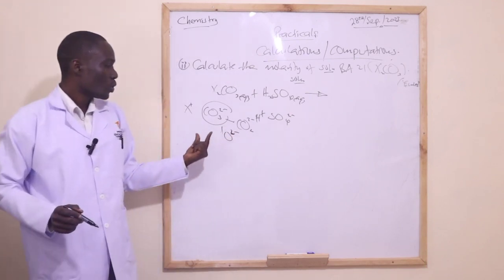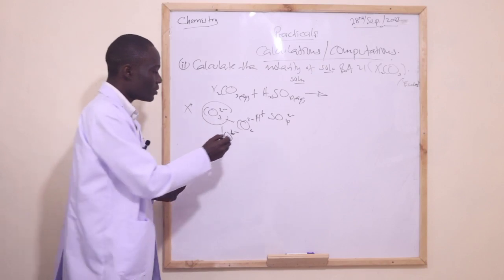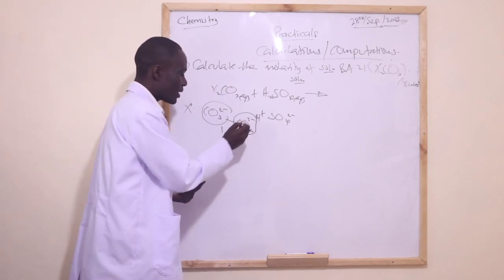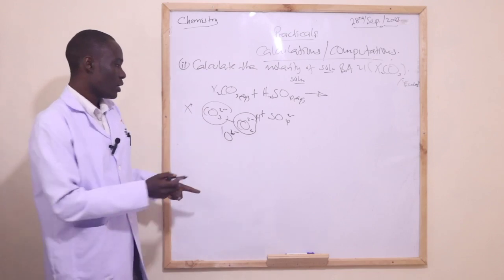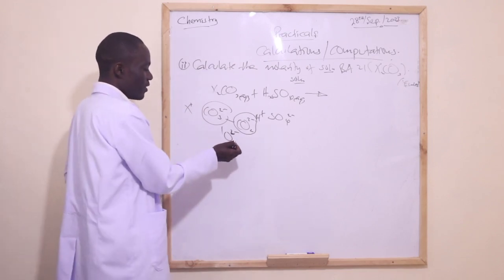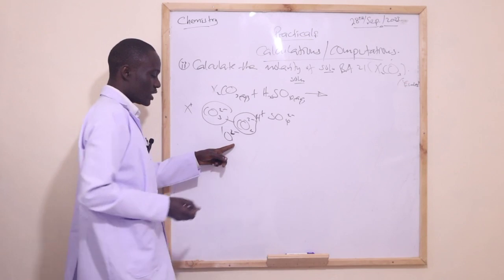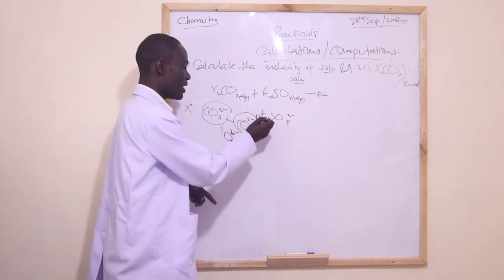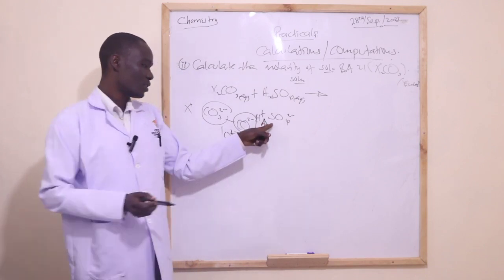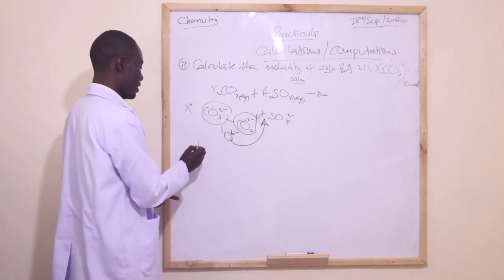Now, the formed carbonate ion will be oxidized to form carbon dioxide, whereas the formed oxygen ion alongside it will combine with hydrogen produced by the acid to form water in this manner.